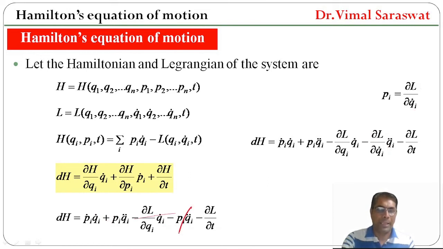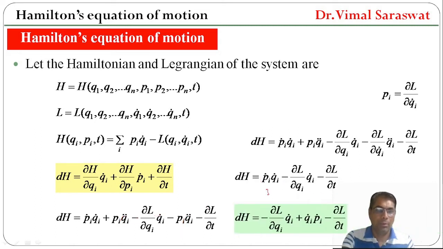Now this pi qi double dot and this pi qi double dot will cancel out. So dH equals pi dot qi dot minus del L upon del qi into qi dot minus del L upon del t. Now we can rearrange this equation: dH equals minus del L upon del qi into qi dot plus qi dot pi dot minus del L upon del t.